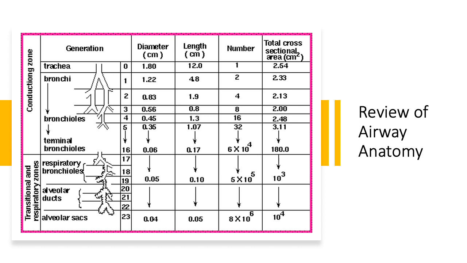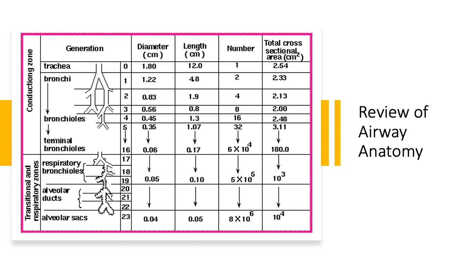This figure shows again the 23 generations of our lower respiratory tract beginning from the trachea up to the alveolar sac. The point to be noticed in this diagram is the progressive decrease in the diameter of the respiratory tract in further generations.